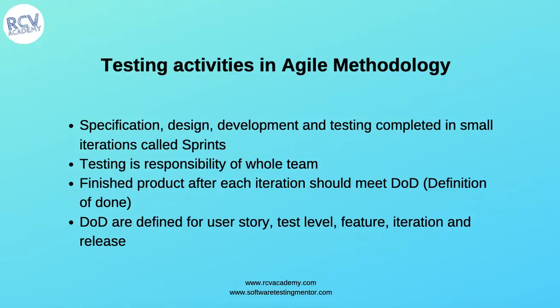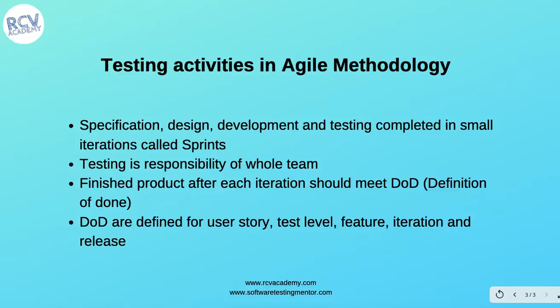Only if all these definition of done criteria are met will you pass the story as done. For the iteration, you will ensure that the user story meets the definition of done, the test level meets it, whatever feature is covered in that iteration meets it, and the iteration definition of done is fulfilled.